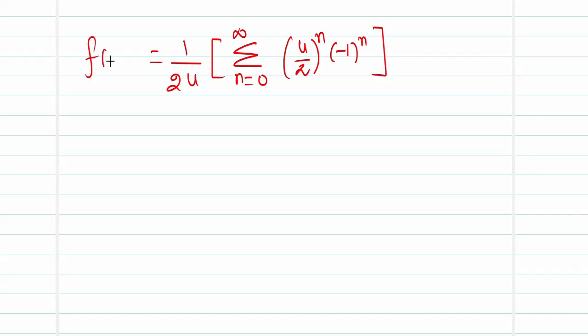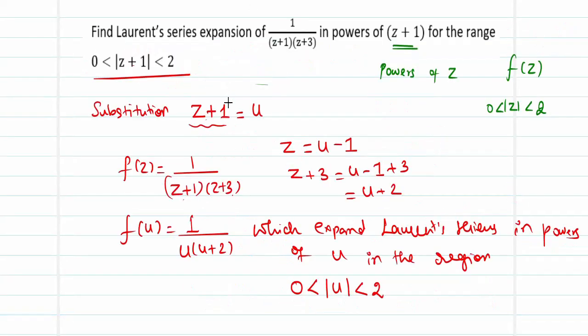So I have my function f of u evaluated as a Laurent series of the format 1 by 2u, summation n varying from 0 to infinity, u by 2 power n into minus 1 power n. But we need to keep in mind u was the substituted variable which we introduced for z plus 1. My original series is in terms of z. So how to get it back? Wherever you have u, retrace your u back to z plus 1.